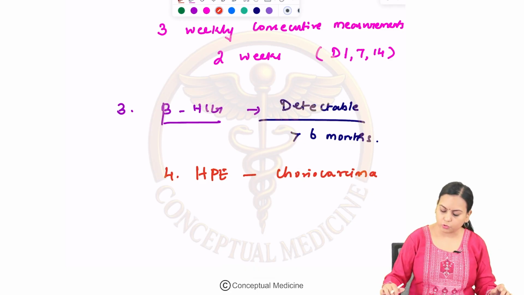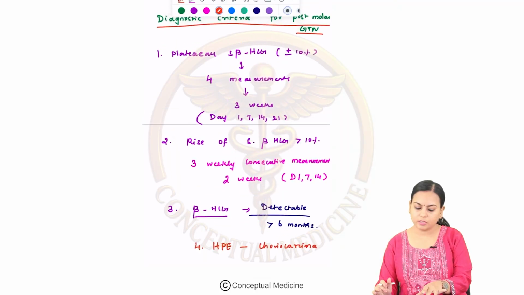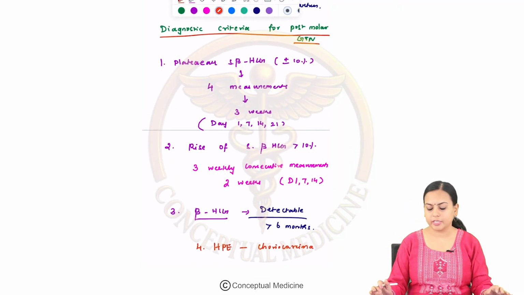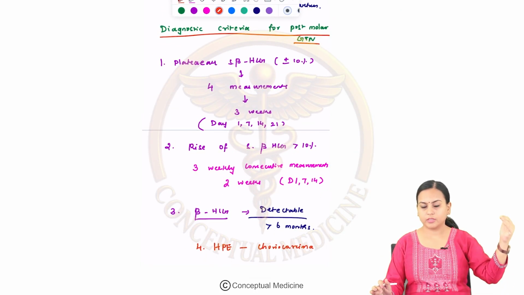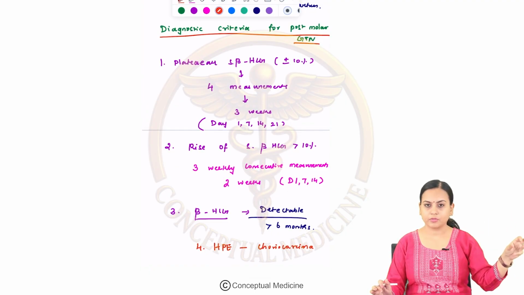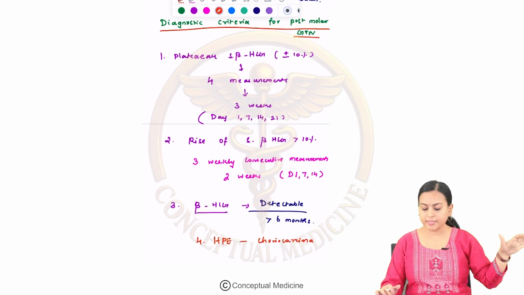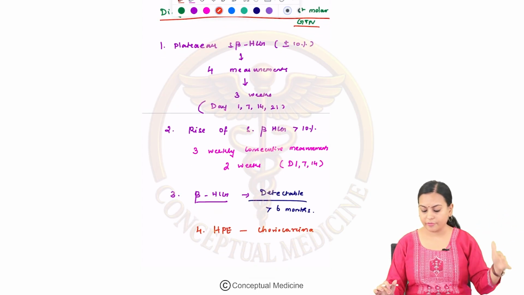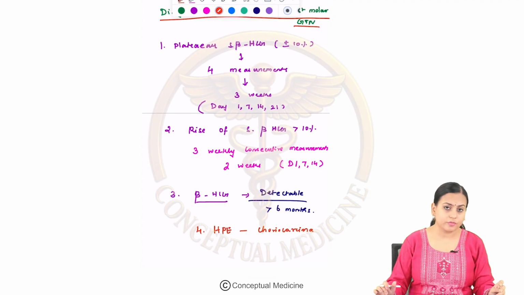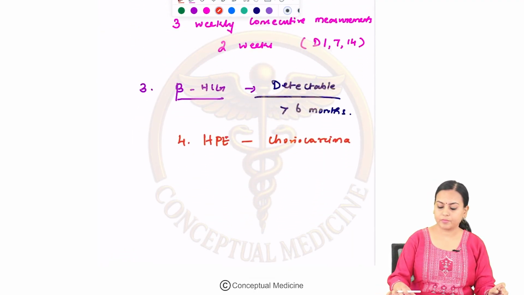So, this is the fourth point. So, these are the diagnostic criteria for post-molar GTN. Number 1, the rising or falling will be within 10% only, or the rise will be going more than 10%, then β-hCG will be detectable even after 6 months, and finally histopathological examination will be showing choriocarcinoma directly, okay.